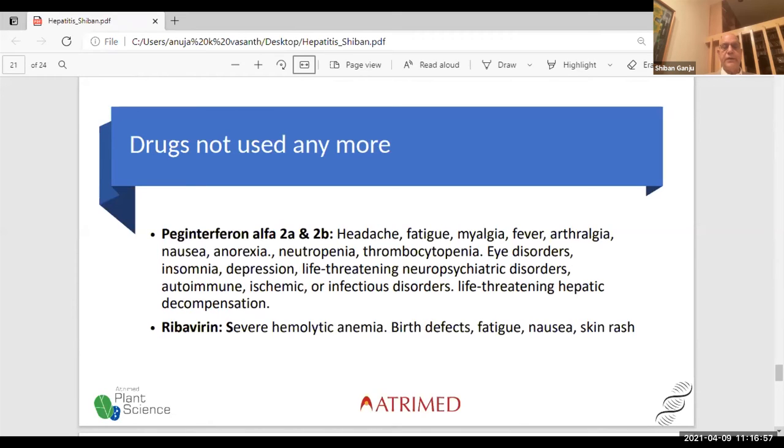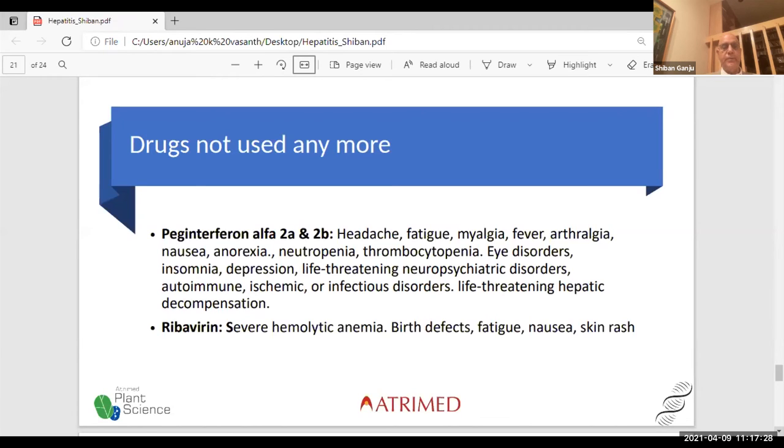These drugs had serious side effects, but because we had no other drug and we knew how to diagnose hepatitis C, we were compelled to use them. The side effects were serious, from hemolytic anemia to anorexia, weight loss, thrombocytopenia, depression, suicidal tendencies, and even homicidal tendencies in these people.